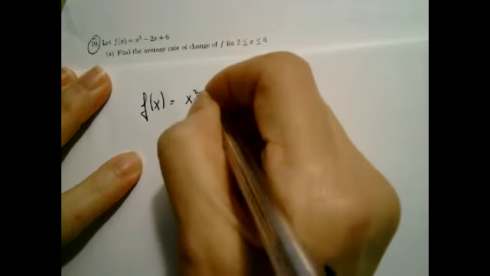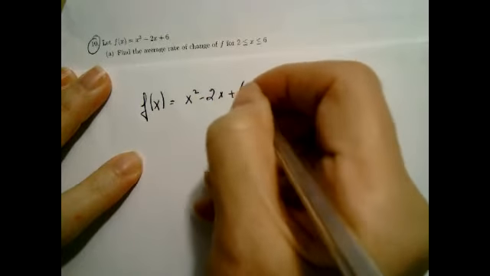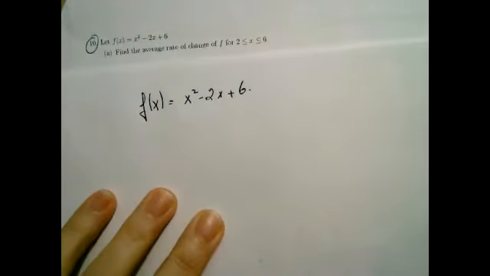Okay, number 10. Just again along the same lines. Here is the question right there. So my function now is a little bit more complicated, and this is not a line anymore. So the average rate of change is not constant.